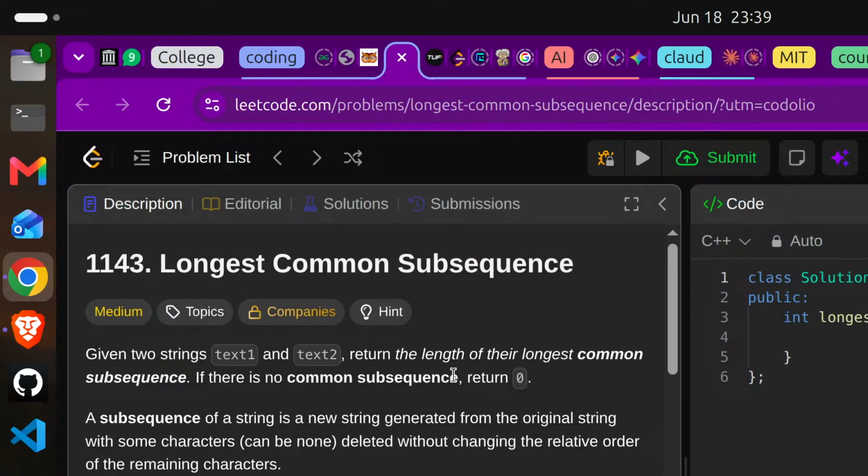What is the error? It is giving wrong answer for some cases.